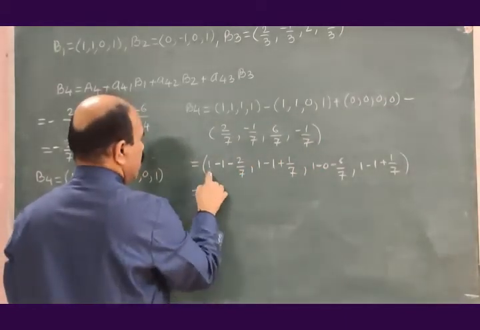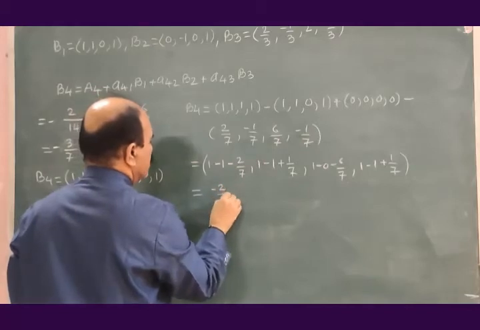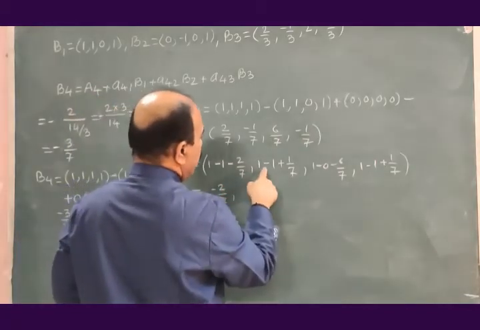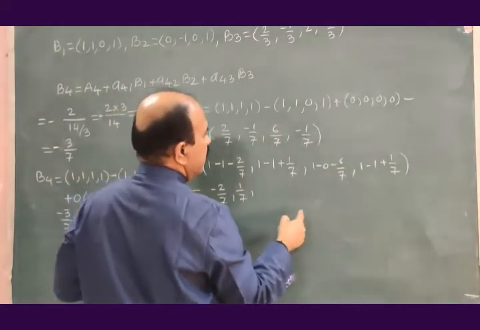This is equal to 1 minus 1 0. So it is simply minus 2 by 7. 1 minus 1 0. It is simply 1 divided by 7.